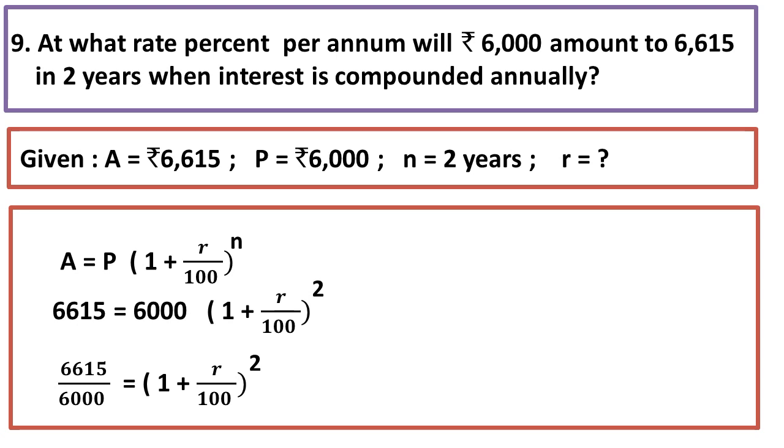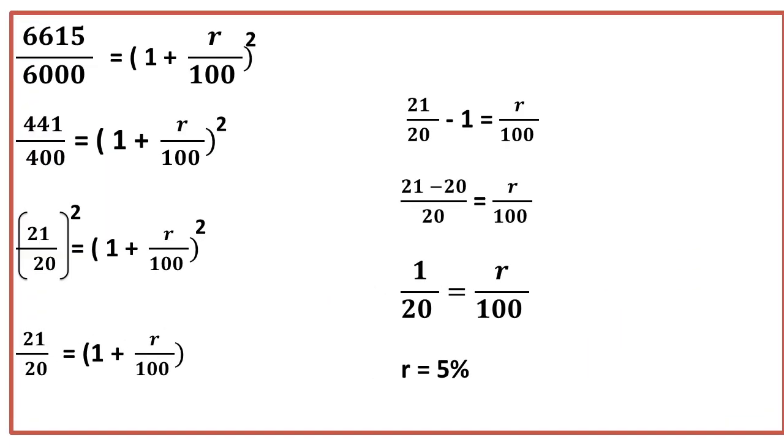On the right hand side, we have the formula to the power 2, so the value on the left hand side should also be expressed to the power 2. In the next step, let us do the necessary simplification. 6615 by 6000, after simplification, it is 441 by 400. As I just explained for you children, the left hand side value should be expressed to the power 2.